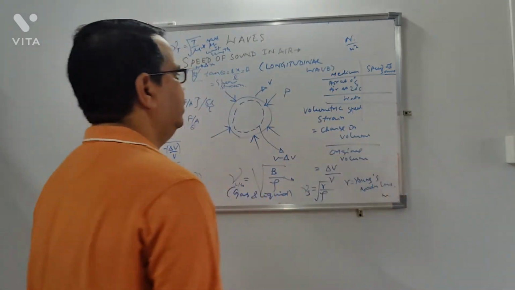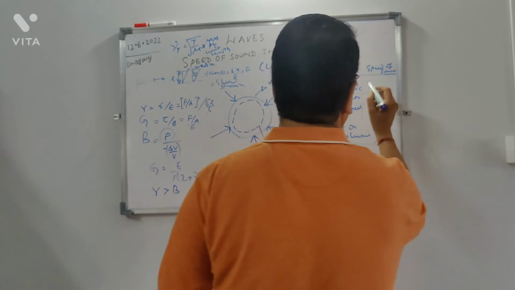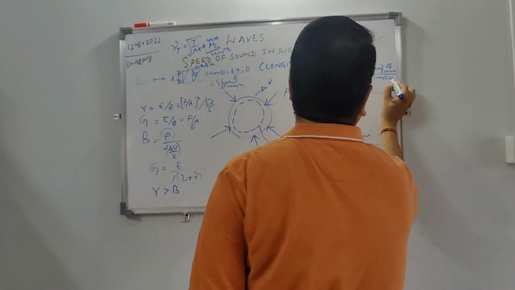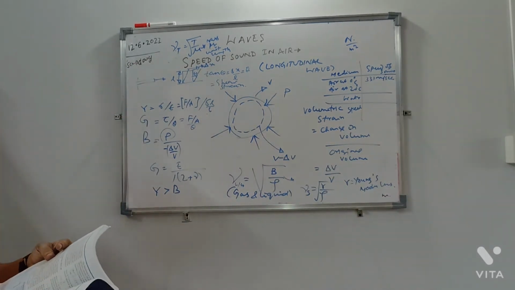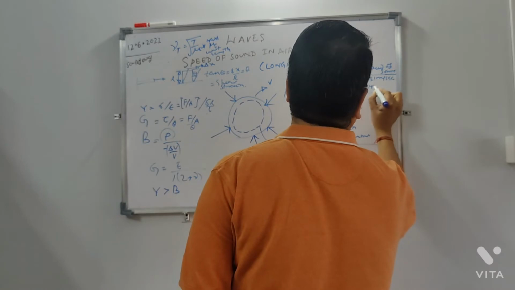So what will be the velocity of sound? In air at 0 degree it is 331 meter per second. If it is 20 degree, it will be 343 meter per second.